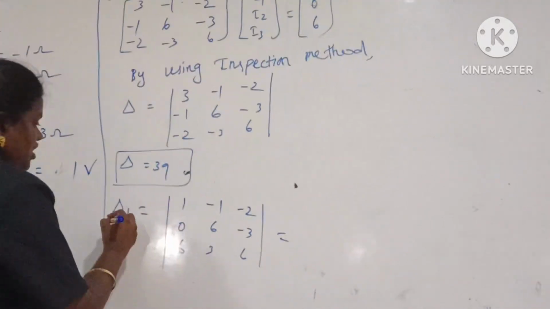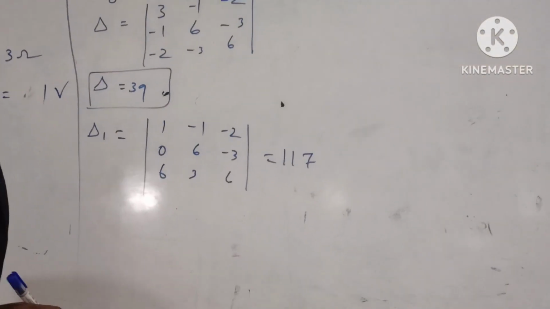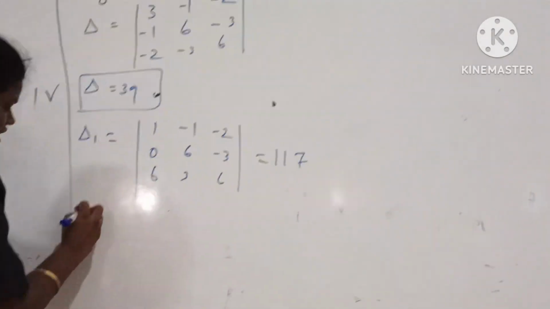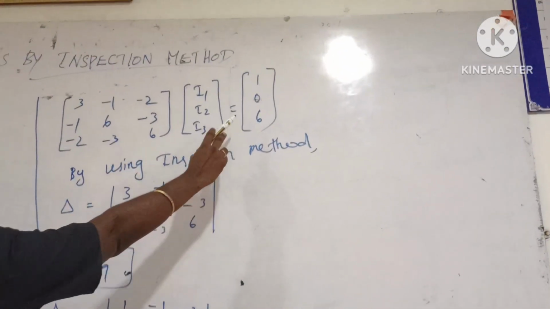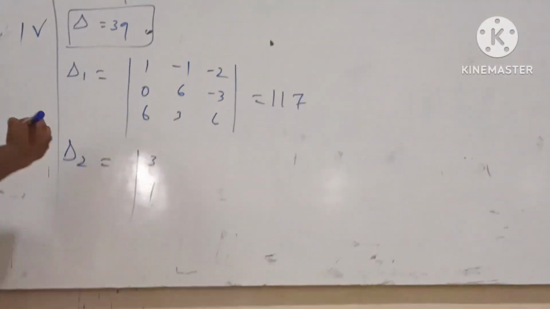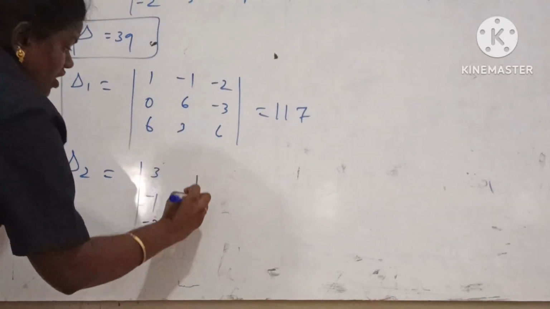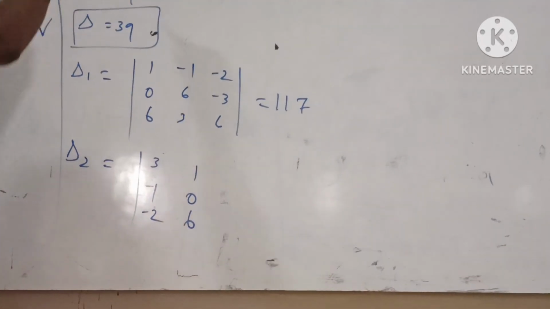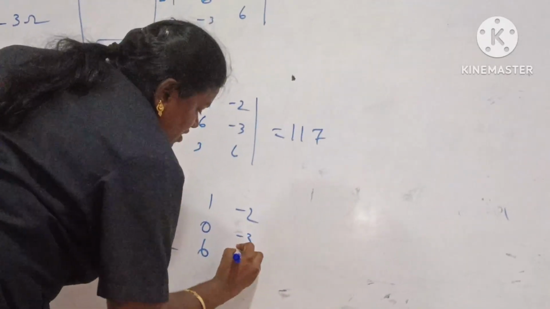The del 1 value is 117. Next, del 2: replace the second column by the voltage source. 3, minus 1, minus 2, 1, 0, 6, minus 2, minus 3 and 6.